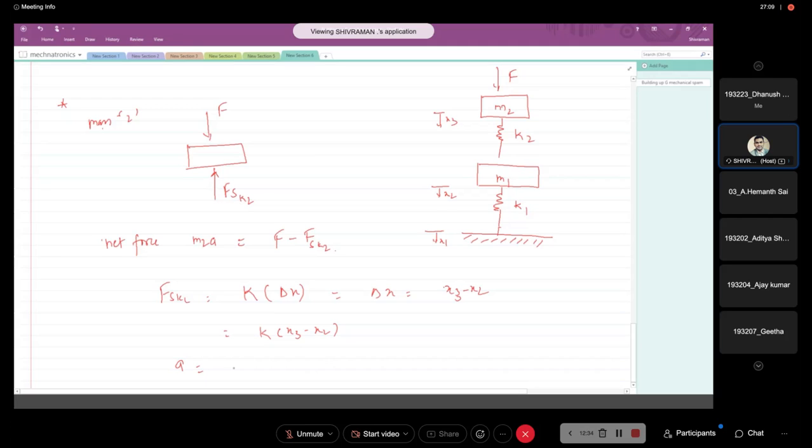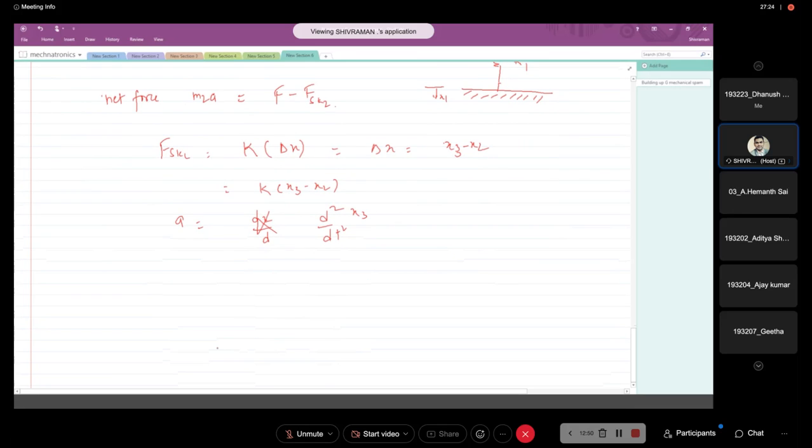Coming to A here, A will be d square by dt square of X3. By putting all these values, you will get the first differential equation of body 1 or mass 2, which is F minus K2(X3 minus X2). You rearrange the equation.